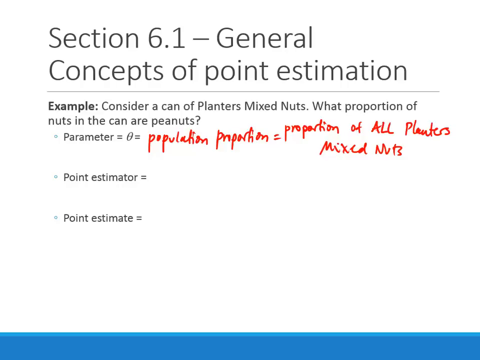Okay, so if I want to know what the population proportion is, a very sensible point estimator for this would be my sample proportion.